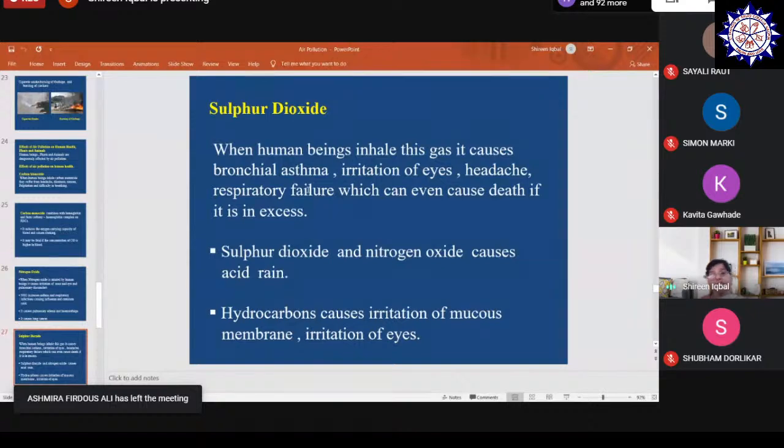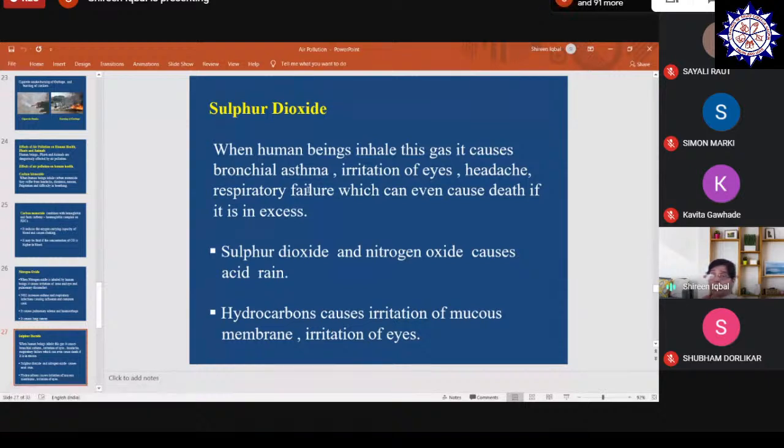Then sulfur dioxide. When this gas is inhaled by man, it also causes bronchial asthma. ये भी bronchial asthma cause करता है. So mainly this air pollution is affecting the lungs or the complete respiratory system.